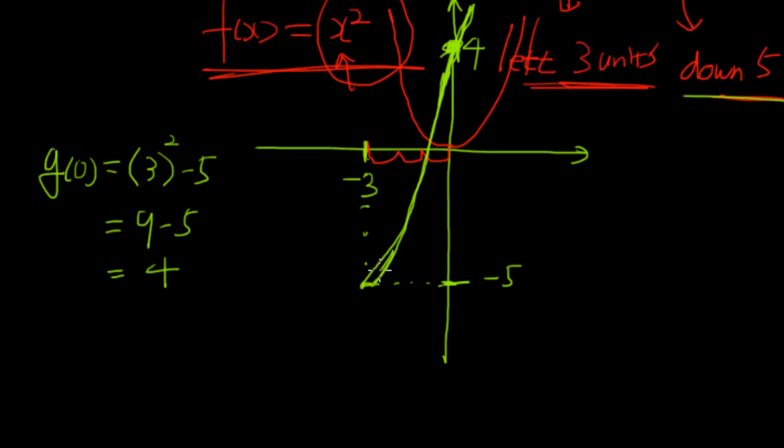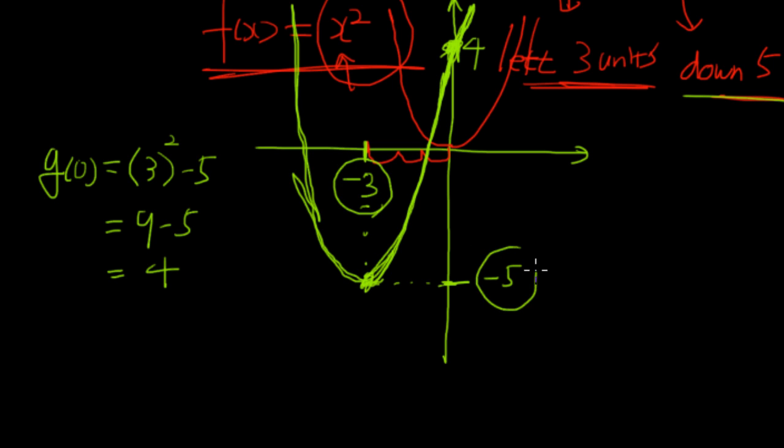And it's going to go up like this. All right. It's a little bit not natural, but you get the point though, right? It's going to hit that point 4, and that vertex is going to be x equal -3, y equal -5, like that. Okay.